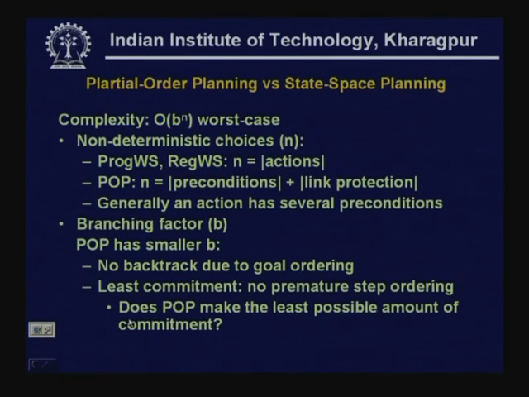Now, in summary, if we compare partial order planning versus state space planning, the complexity of a search problem is O(b to the power n) in the worst case, where b is the branching factor, and we have non-deterministic choices. Now, in progression planning and regression planning, n is the size of the plan, the number of actions in the plan.